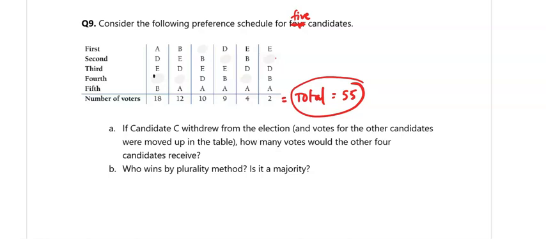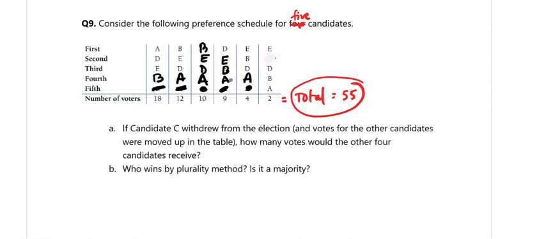So the order is B, E, D, A. In this column, E moves up to the 2nd position, then B, and then A. That's how you move everything up.